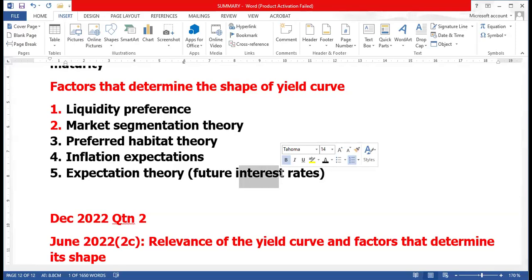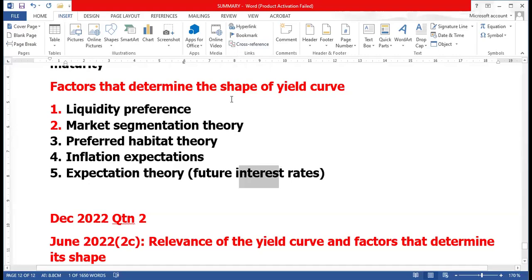Remember, this is done by the Bank of Uganda. They are the ones that normally publish and set those CBR. Some other institutions, based on that, set the interest rate.